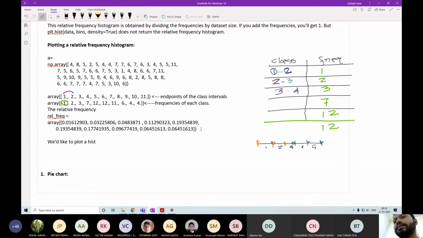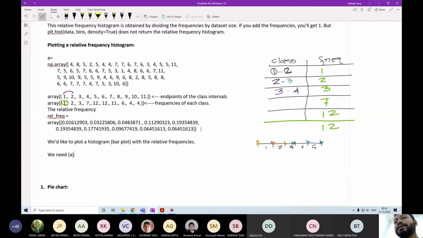We want to plot a histogram, or actually, it's called a bar plot, with the relative frequency. For that, we need two things.